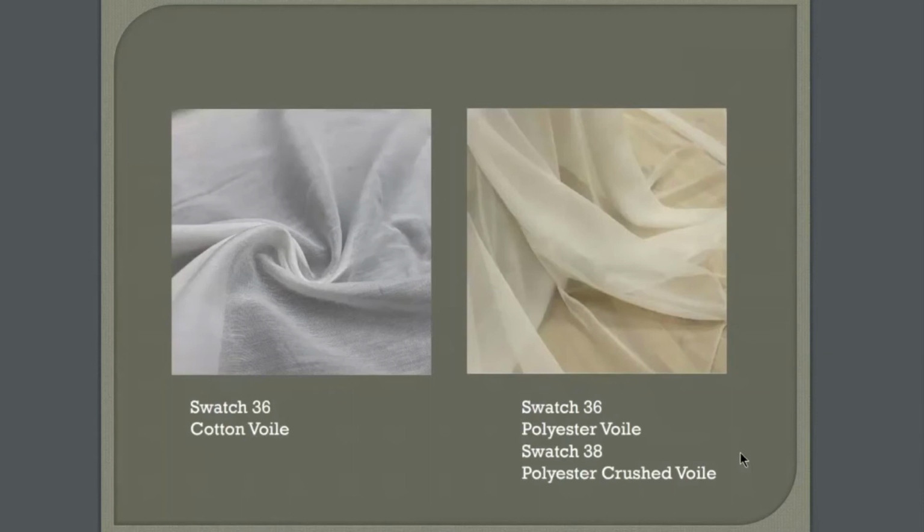So last week we learned that the fiber content is a synthetic fiber like polyester in swatch 38, that crushed design can actually be added to the fabric. So moving away maybe from a little bit of that boring sample of 37, adding a little crushed element maybe gives it a little more interest. So still used for window shears, but maybe when you want a little texture in that shear.